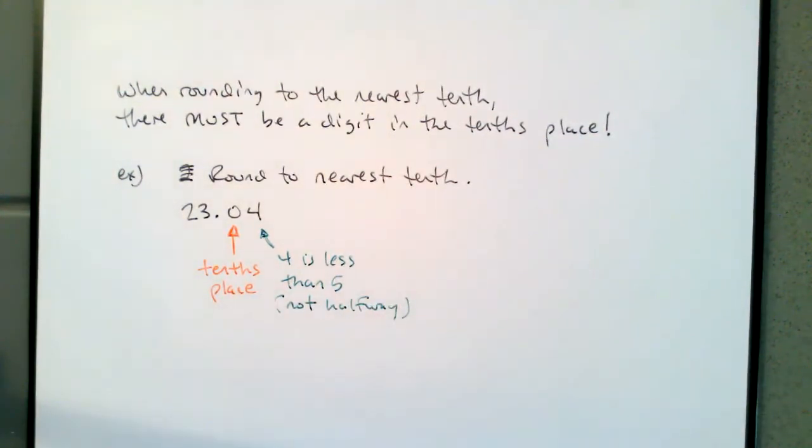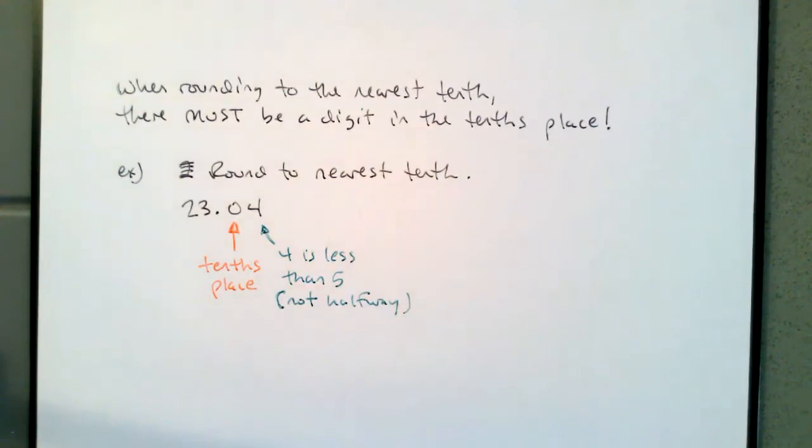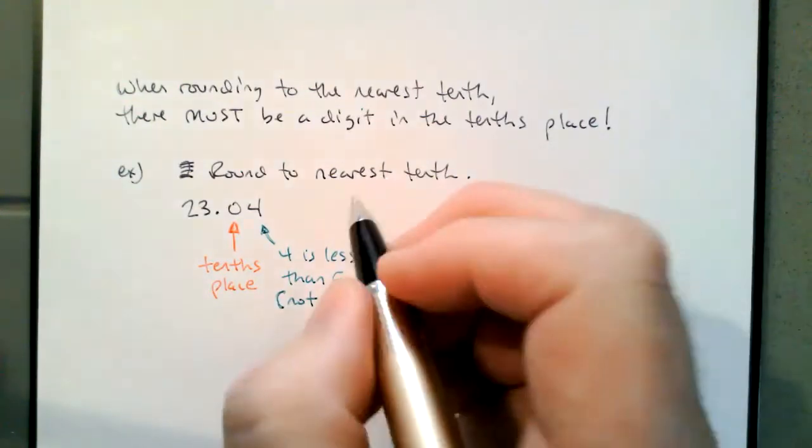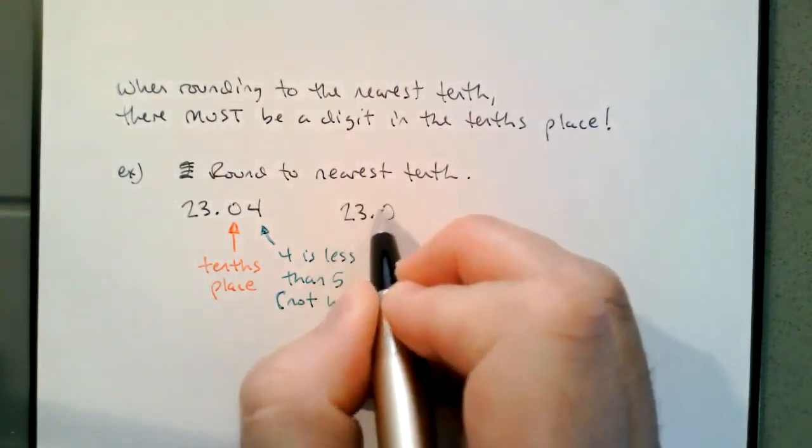We are not halfway yet because it's 0.04. 0.05 would be halfway to the next tenth, but we are not halfway. So we round to 23.0.